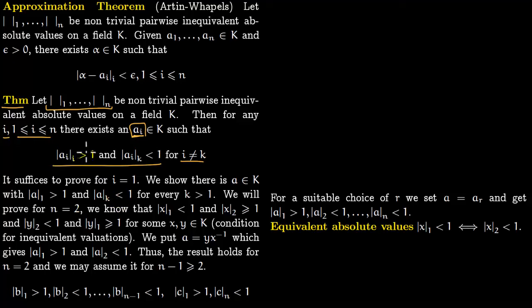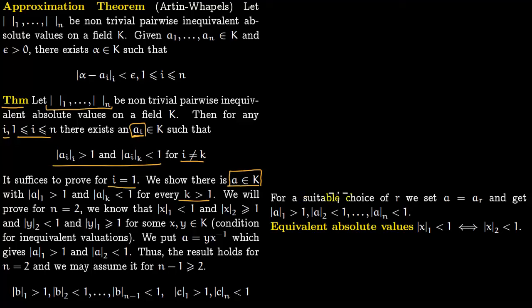So we are just going to prove it for i equals 1, and you can repeat the same case n times. So what we are going to show is that there is some a lying in field k such that the absolute value of this a with respect to valuation 1 is greater than 1, and the absolute value with respect to valuation k is less than 1 for every k greater than 1.